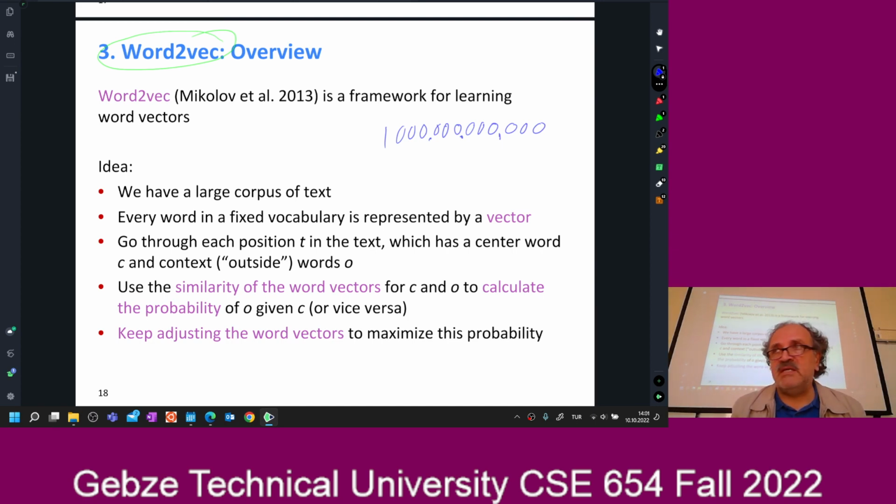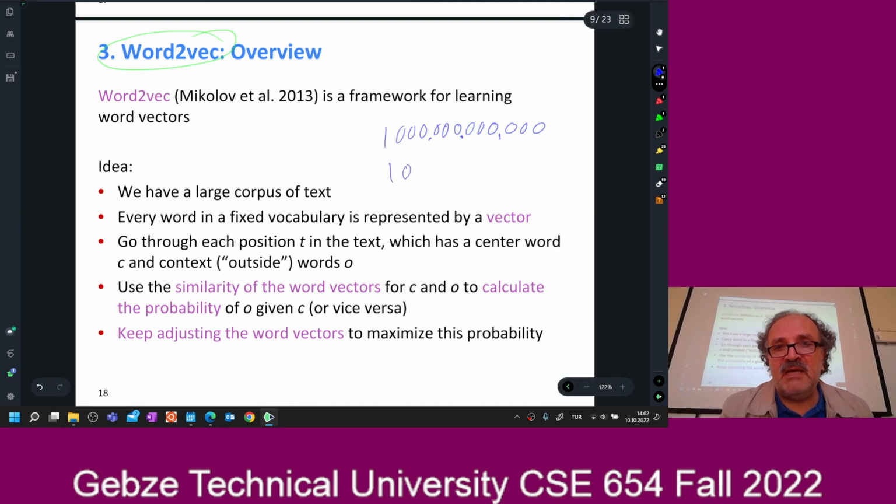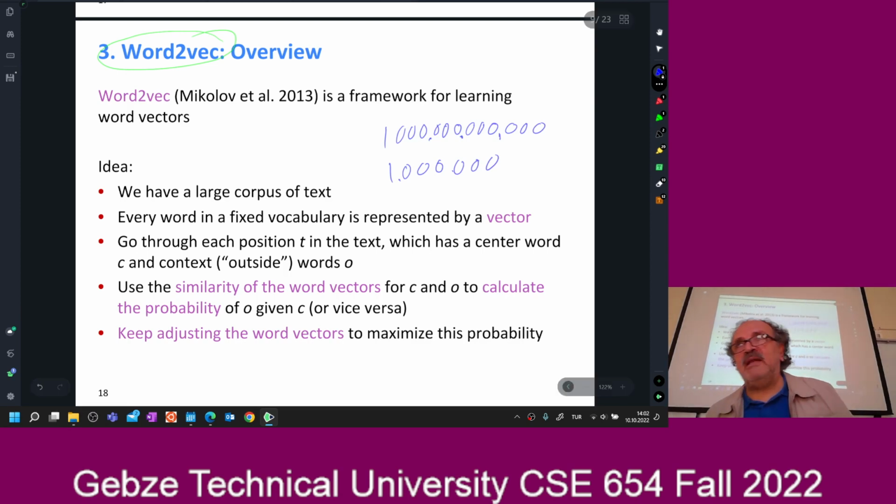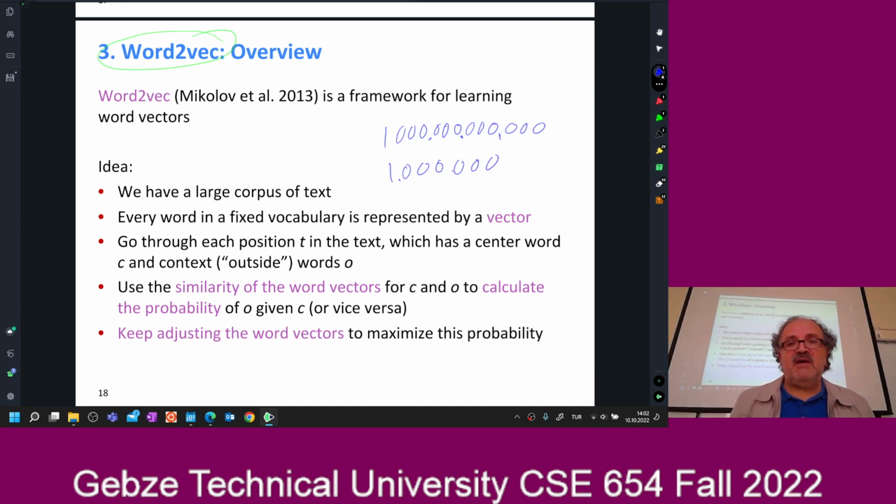This is thousand, million, billion, and trillion. How many unique words are there? Well, the Turkish dictionary has maybe 40,000 words, but as you know, in Turkish Wikipedia we don't have only the root forms of the words. We have lots of morphological modifications. I don't have just a single kitap in that Turkish Wikipedia. I have kitapları, kitaplarının, kitaplarından, etc. So usually we have around 1 million unique words. So it's going to produce 1 million 200-dimensional vectors.